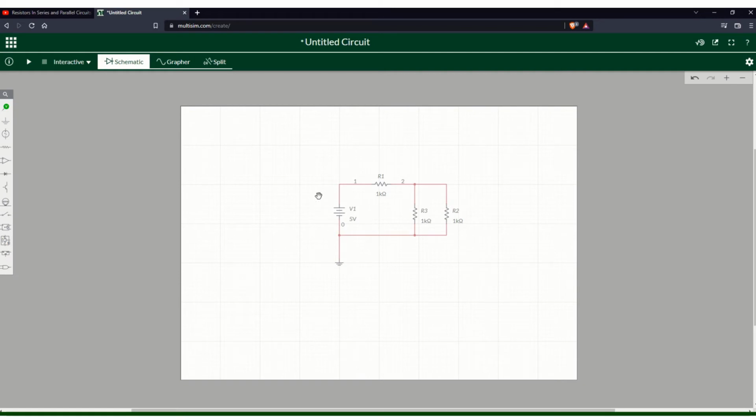All right. So the circuit is built. We have the circuit grounded right here. We have the DC voltage source. We have 3 resistors.